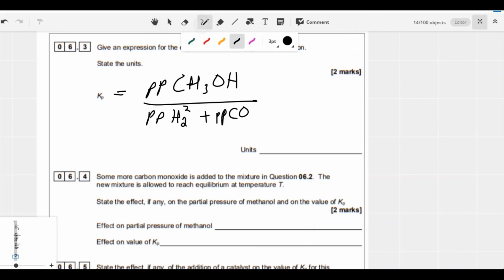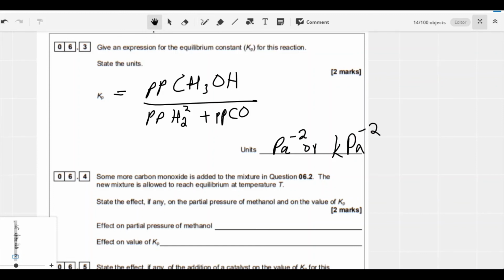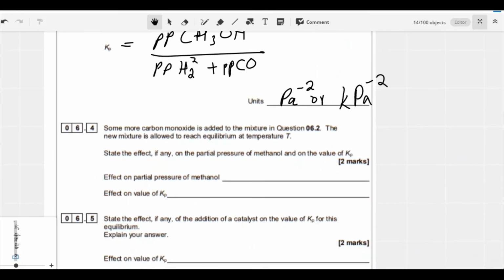So it means the unit should be Pa to the power minus 2, or you can write kPa to the power minus 2. So you just need to write any pressure unit to the power minus 2.